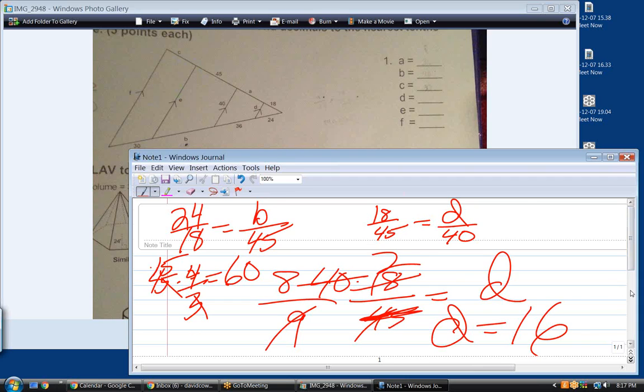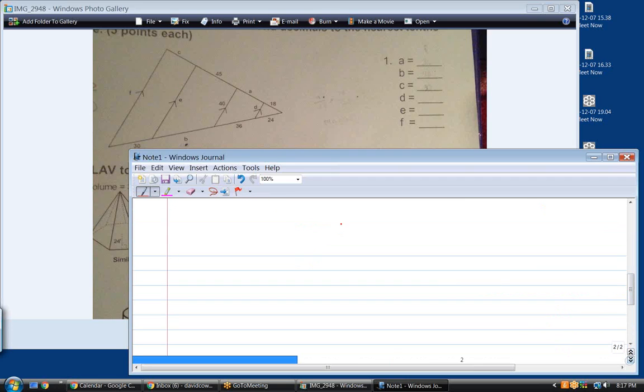Give me the ratio. Always, in other words, don't try to solve it all in one step. Try to write a ratio. 18 is to 24 as... let's keep going big to little. You can switch it up. There's nothing wrong with switching it up. The problem with switching it up is you might not switch up over here.